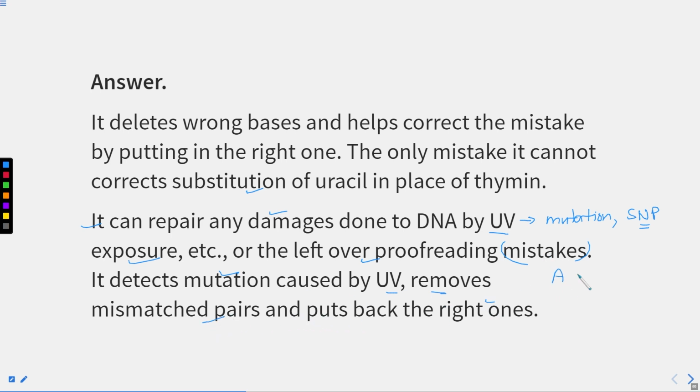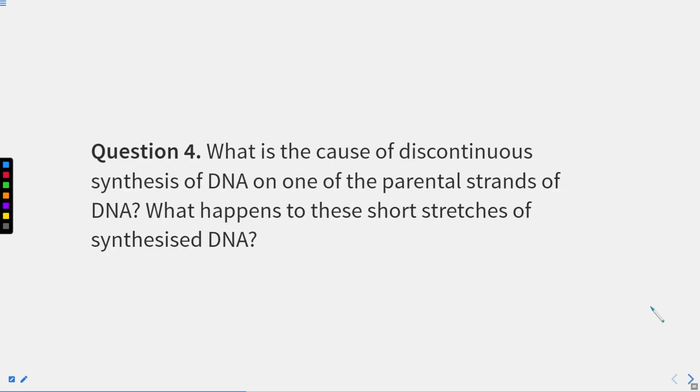So suppose A pairs with T, and G pairs with C. Here it should be C, but somehow there is a mutation due to UV radiation, and we have the A here. So it will correct this and put C instead of A. Now let's move on to the next question.